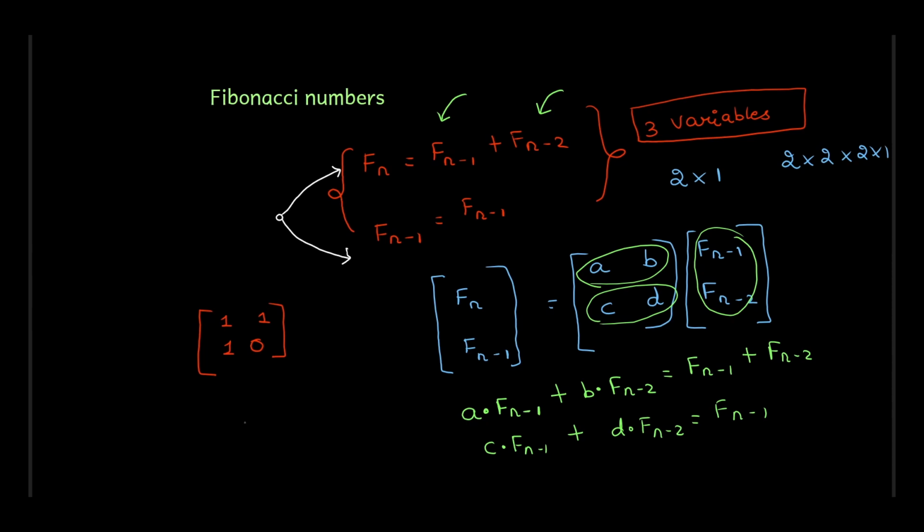You could just write one equation like so. So with Fibonacci, you can write a single equation which goes like this: the vector f of n, f of n minus 1 is equal to this matrix 1 1 1 and 0, right? This is the matrix that we discussed, into the vector f of n minus 1, f of n minus 2.